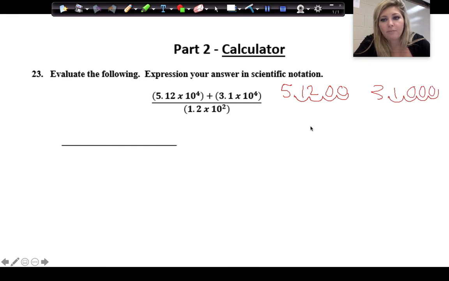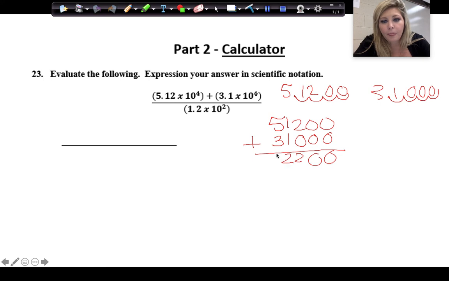And then we are lining up our decimals and adding them together. Okay, and then we are moving our decimal point back, 1, 2, 3, and 4.